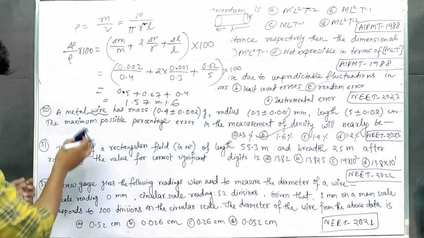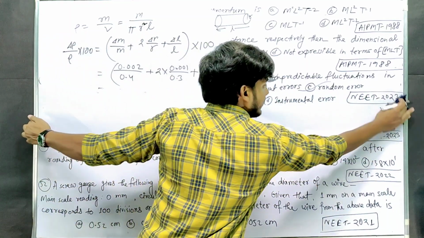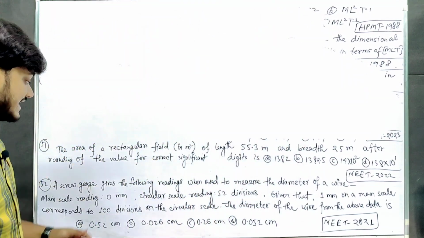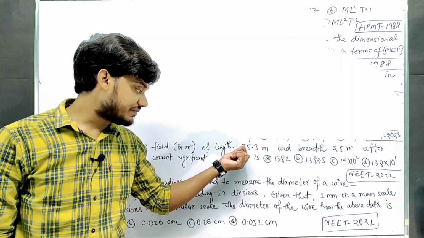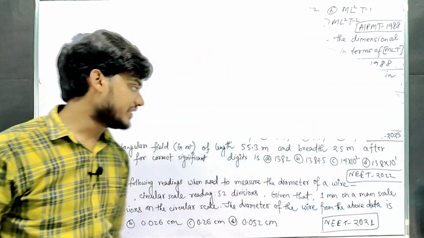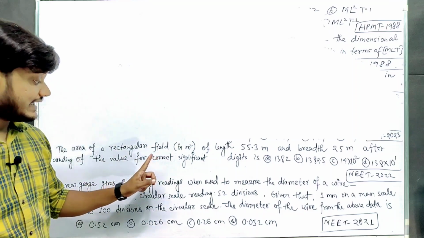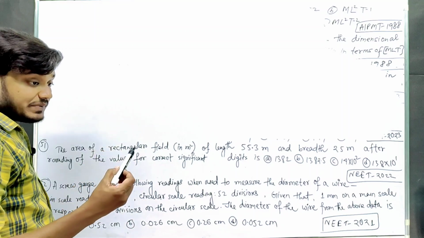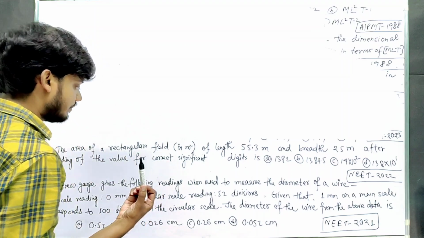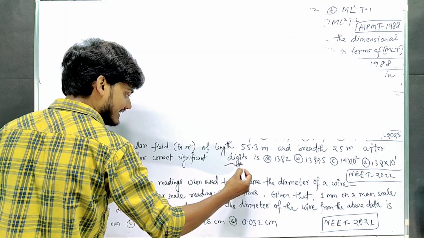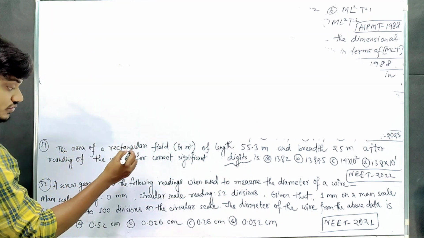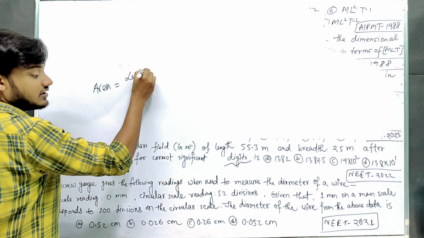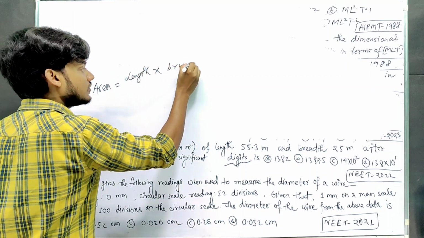Okay, next question, 51. Let's try 51. The area of a rectangular field in meter square, of length 55.3 meter and breadth 25 meter, after rounding off the value to the correct significant digits is, options are given. Whether it is multiplication or division, what is the rule for finding significant digits, try to remember. What is the area of a rectangle? Length into breadth, yes or no?